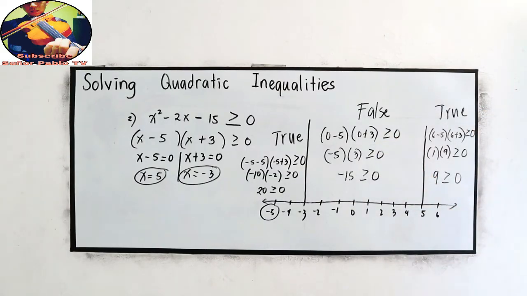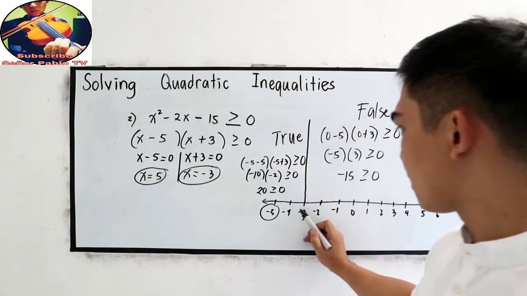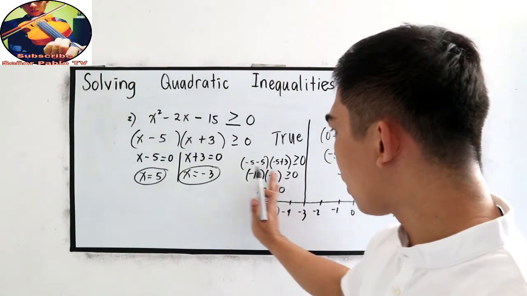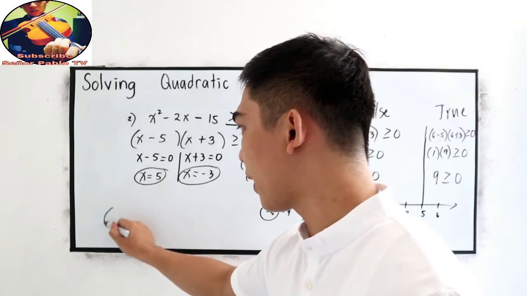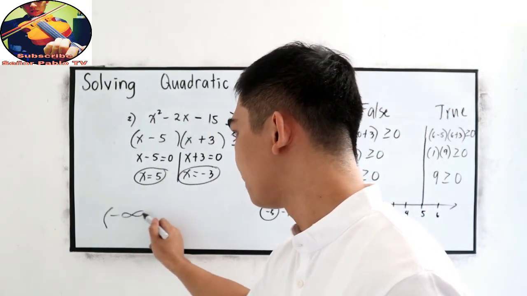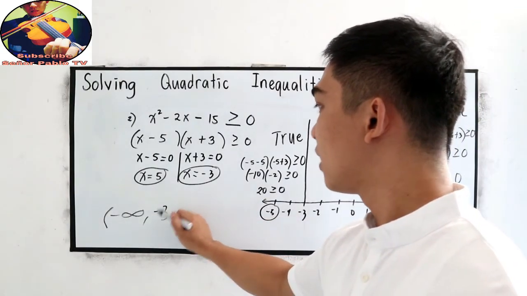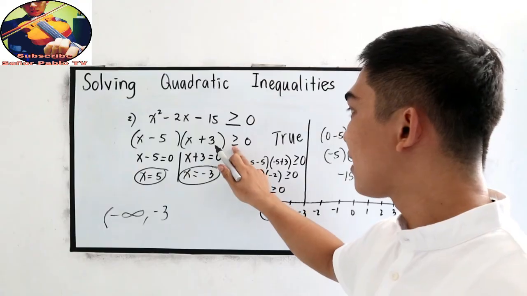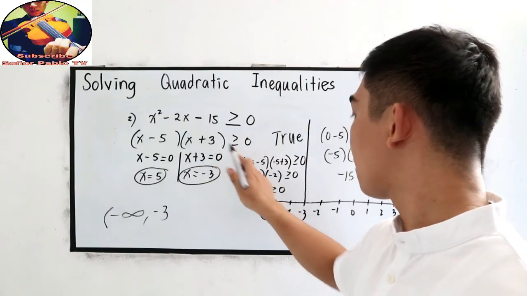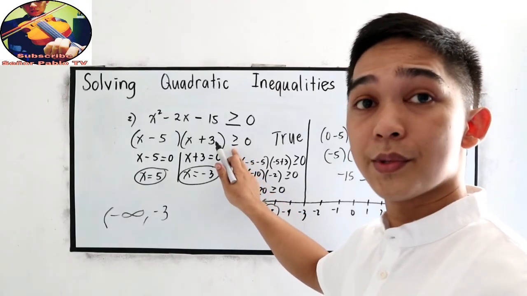So that means our interval notation, our final answer is, this is true. We're going to negative infinity. So open to negative infinity. Then negative 3. That means we have equal to negative 3. Open or close?